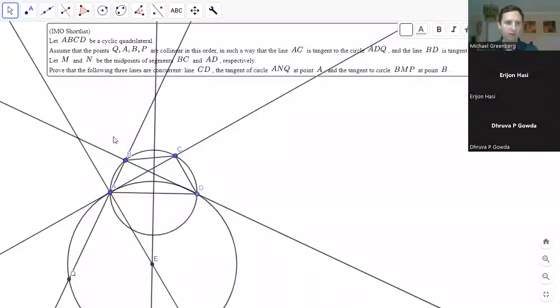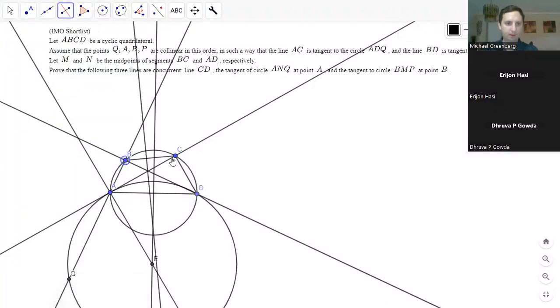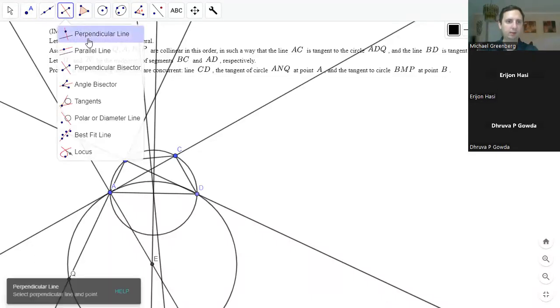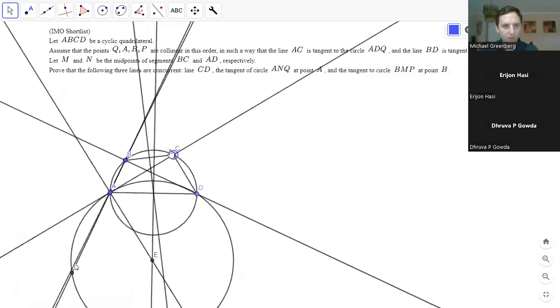And now we want to draw P. So we do the perpendicular bisector of BC. And we want to see where that intersects the perpendicular from B to BD.